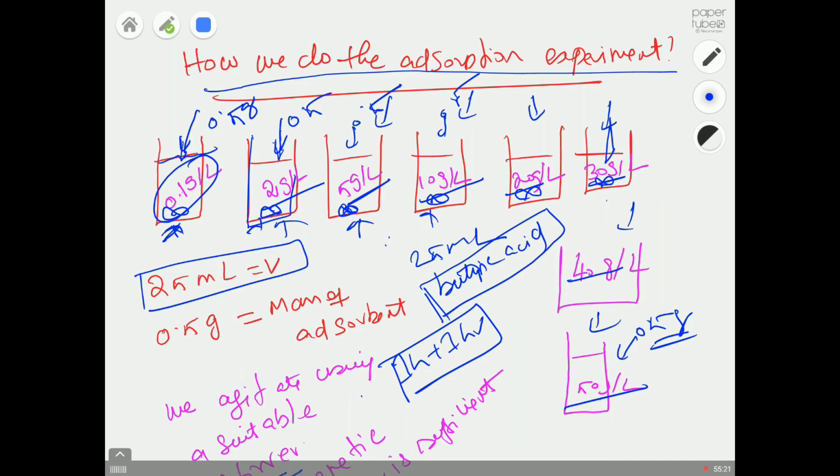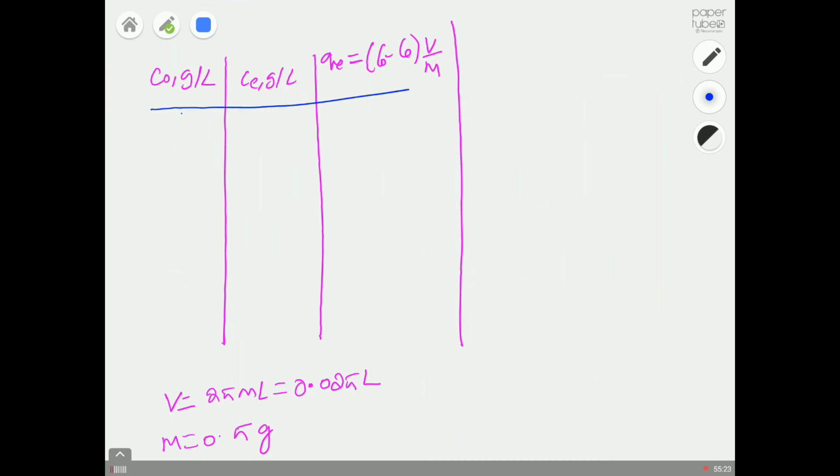So I'll put it here as a table. Just imagine we did 8 experiments, 1 to 8, and we started with 0.1 grams per liter, then 2, 5, 10, 20, 30, 40, and 50 grams per liter. What will be the final concentration?